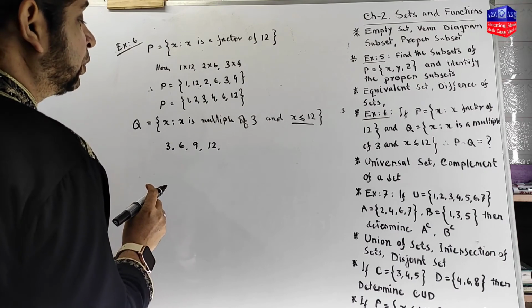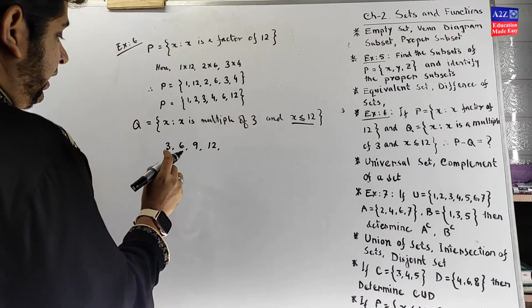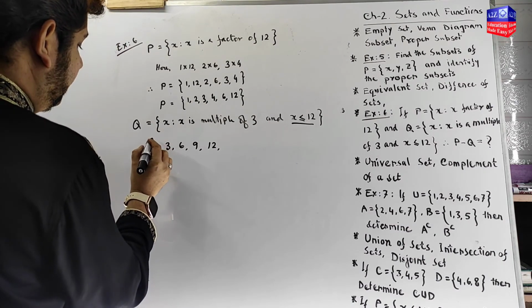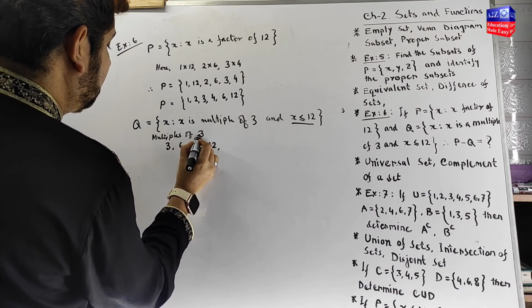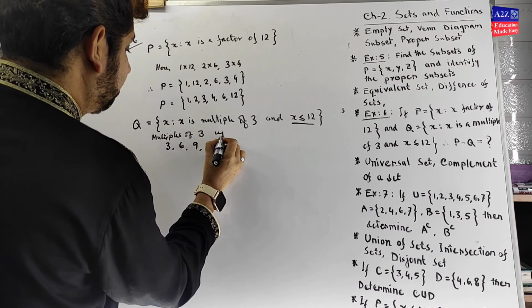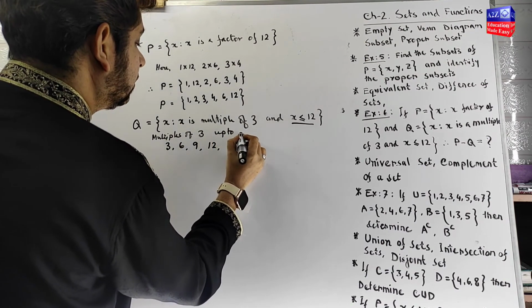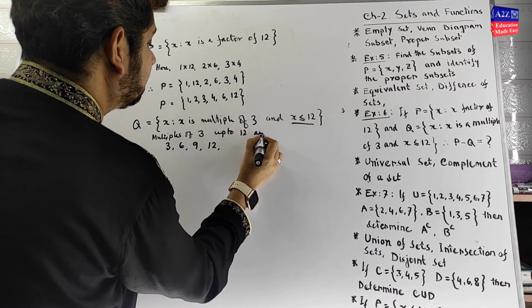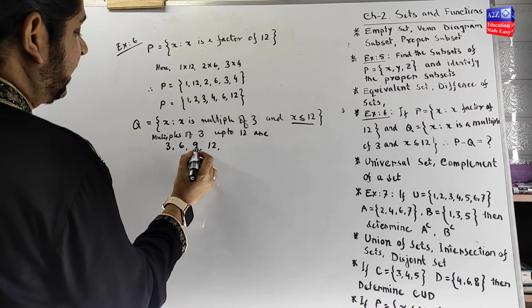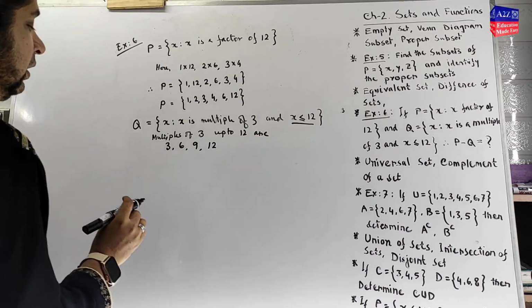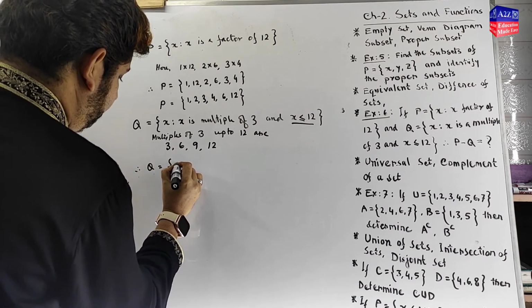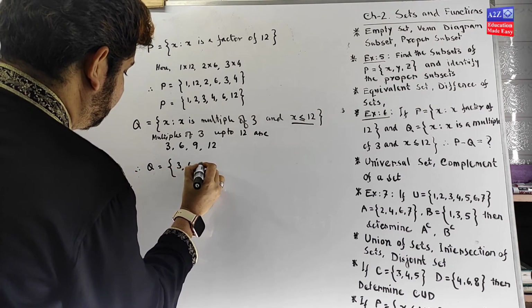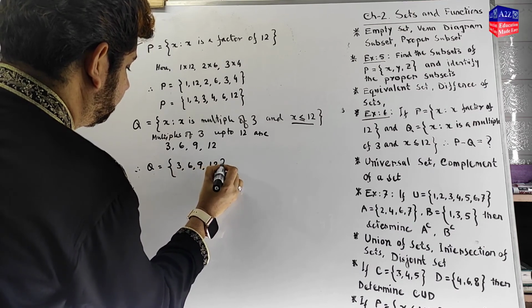So it can be up to 12. If I write it, the multiples of 3 up to 12 are 3, 6, 9 and 12. So Q will be defined as the elements 3, 6, 9 and 12.